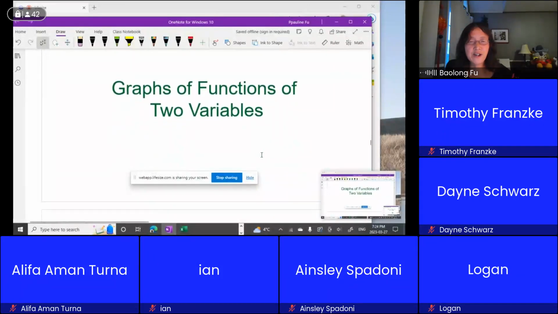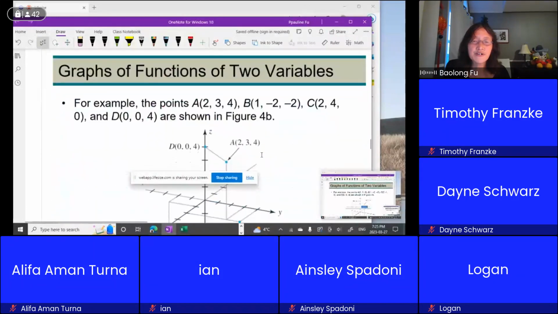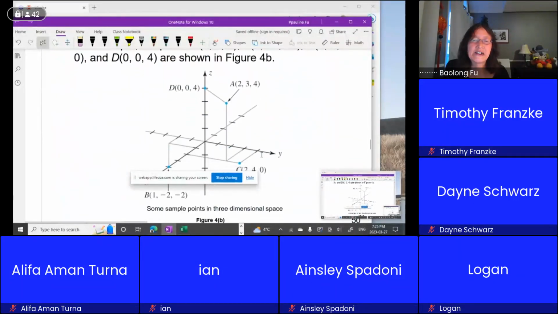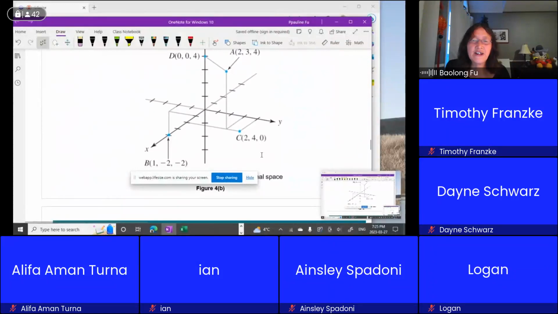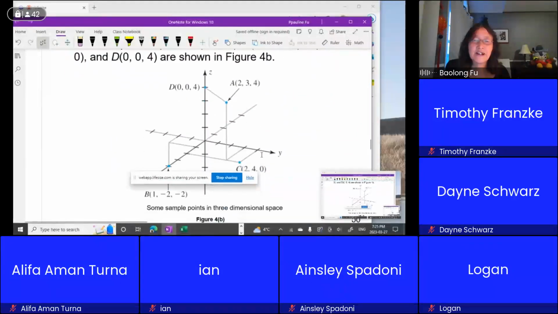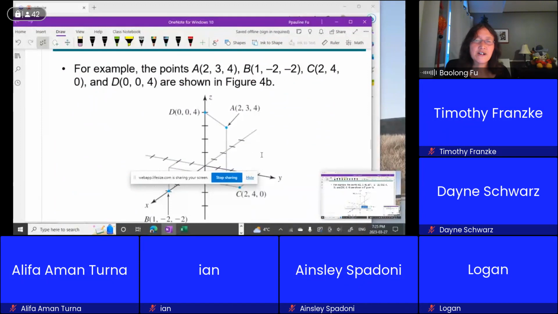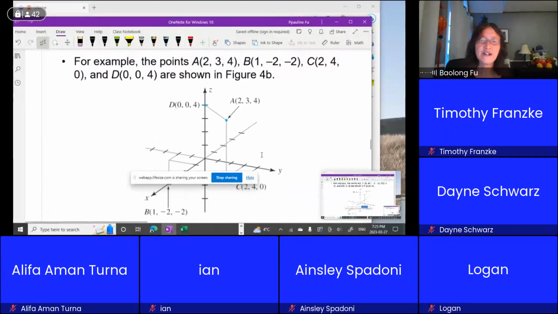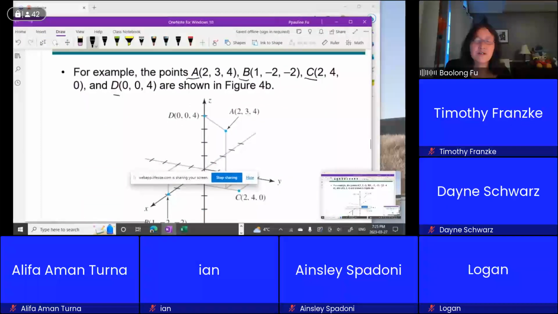Now let's take a look at what the graphs look like for functions with 2 variables. This is an XYZ plane. We have points A, B, C, D. So how do I locate point A? Point A has x equal to 2, y equal to 3, z equal to 4.